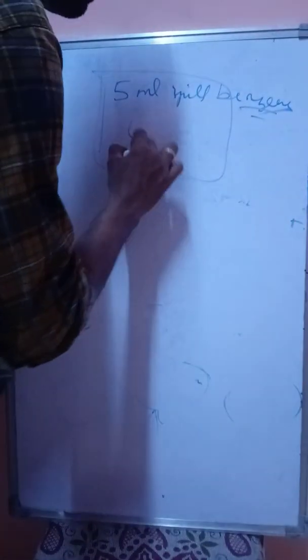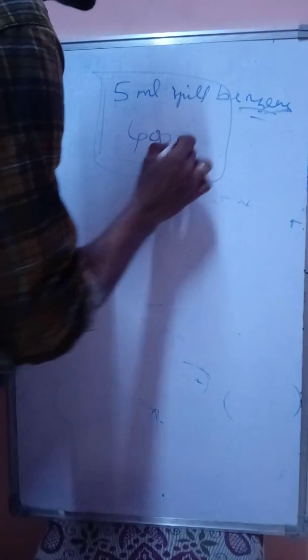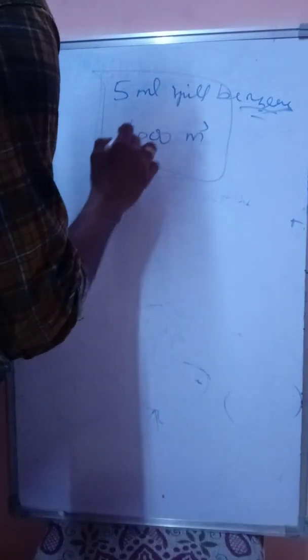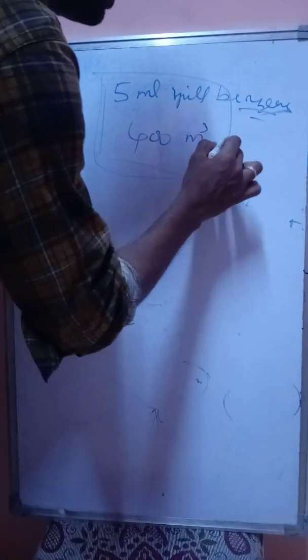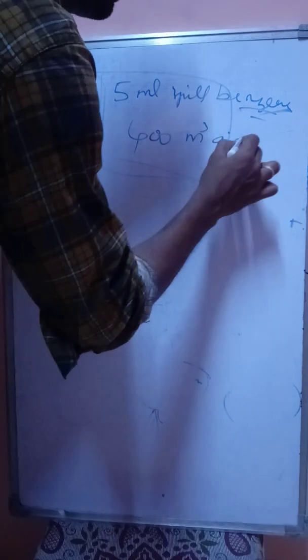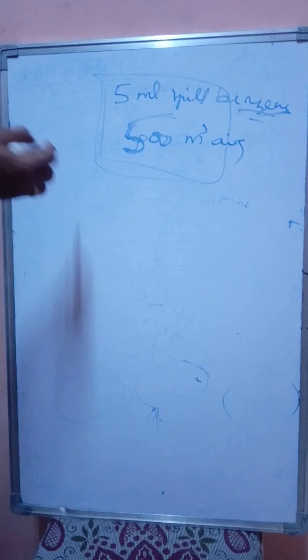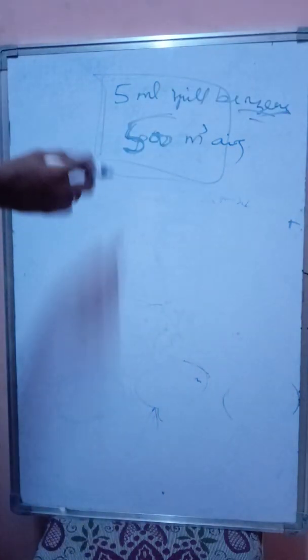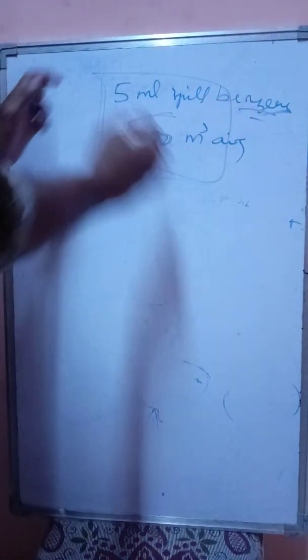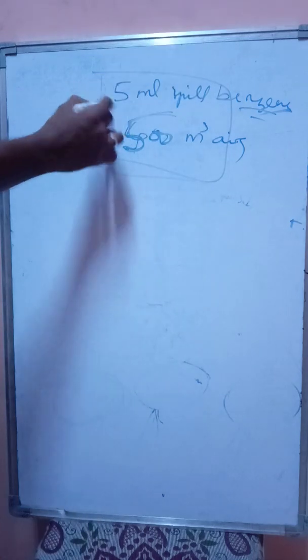And the next thing is that we have a room of, say for example, 400 meter cube, or okay, 100 meter cube. Take 500, the calculation will be easy. So you have a laboratory with a volume of 500 meter cube, and a spill of 5 ml.